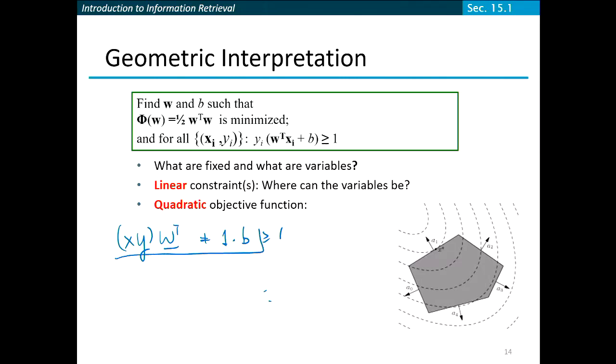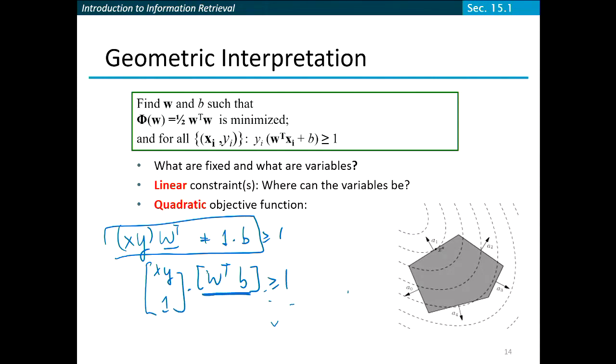So you can view this as a vector in a vector. Because it's already W transpose, write it this way, this transpose B, and this should be x, y, and 1.